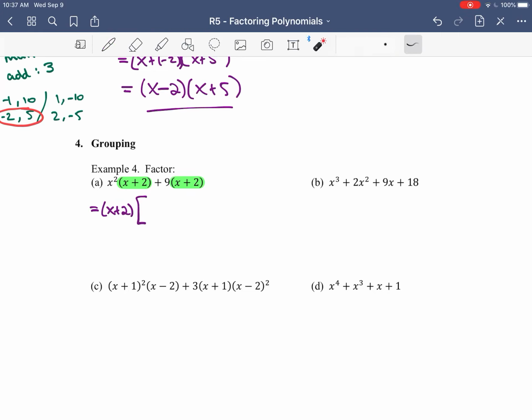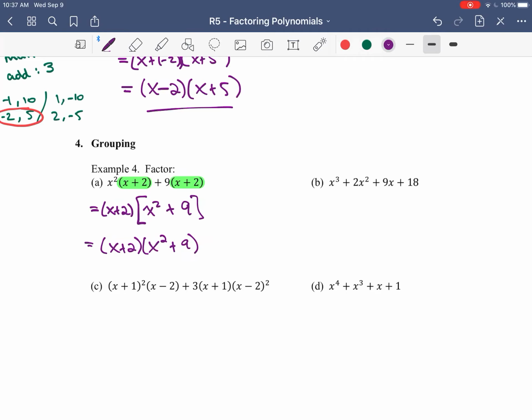What's left over from the first term? I took out x plus 2, so it's just the x squared left. Now I do the same thing from the second term. I took out x plus 2, so I just have the plus 9. So we could factor this as x plus 2 times x squared plus 9.